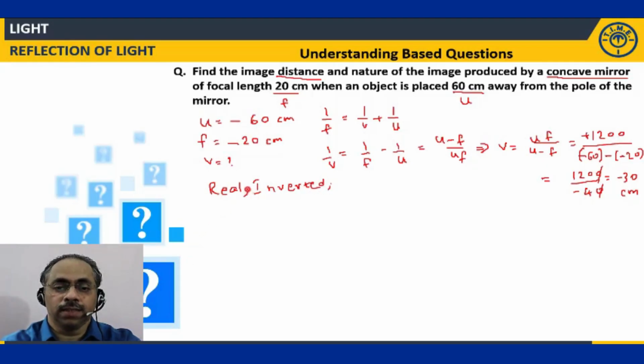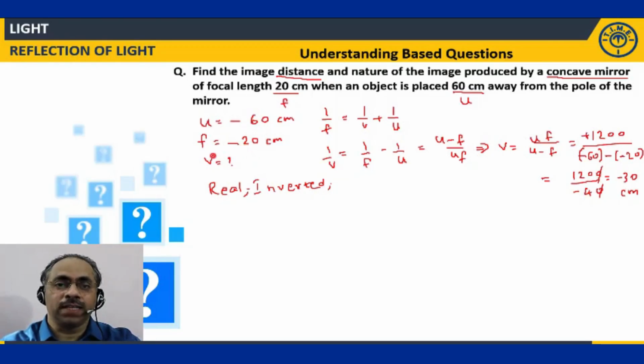When it is real, it will be definitely inverted. Okay, and then you compare the focal length and the object distance over here. Focal length is equal to 20 centimeter. Object distance is equal to 60 centimeter. Okay, ignoring the negative signs which you have placed using the sign conventions. Now, when you consider that object distance is greater than the radius of curvature, f is equal to minus 20 means what is the radius of curvature? 40, right?